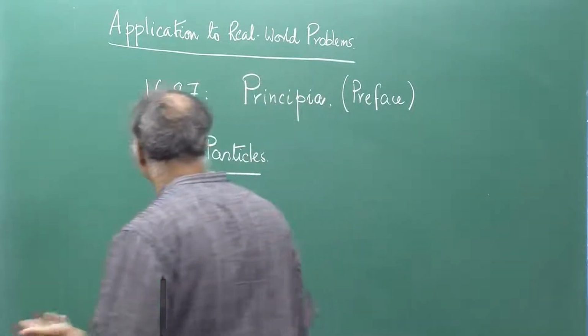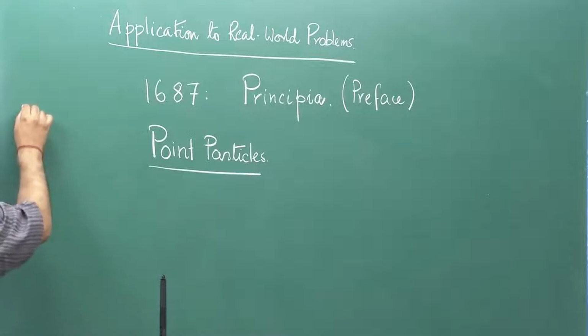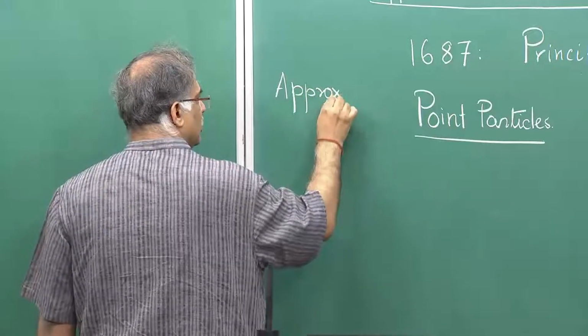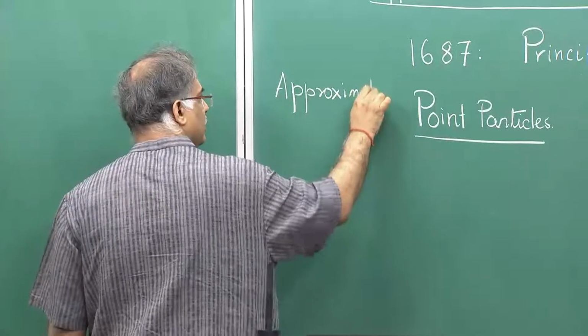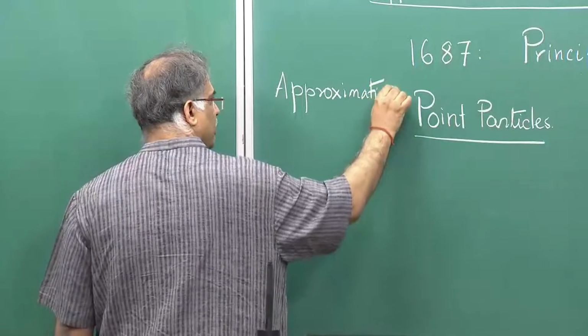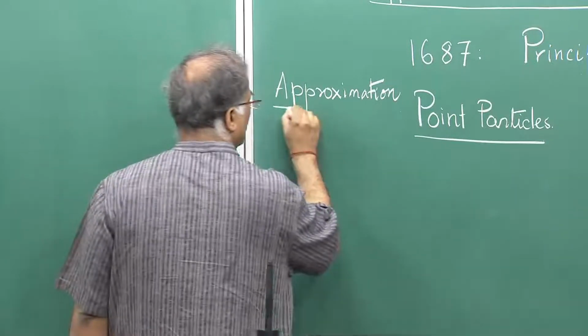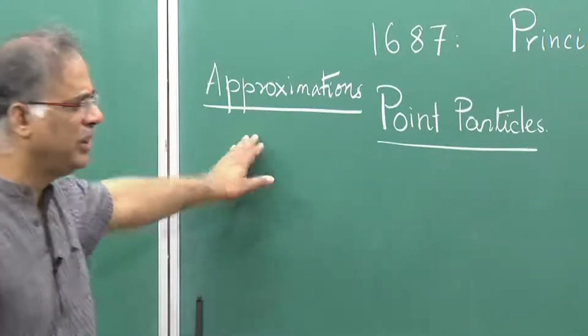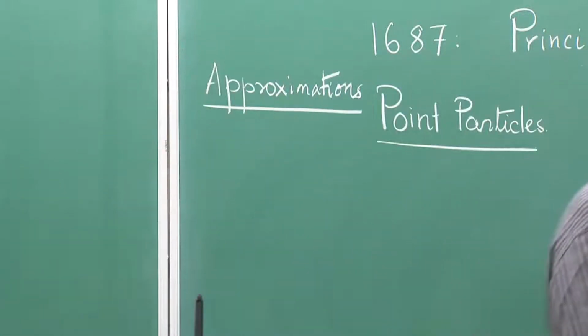So, approximation is the key issue in science. You have to carry on your scientific career or engineering career by understanding the role of approximations. Approximations play a key role in science, so never ever forget this.